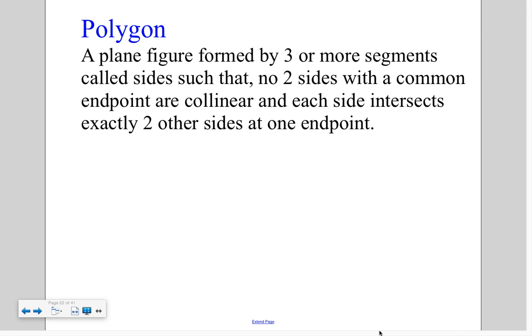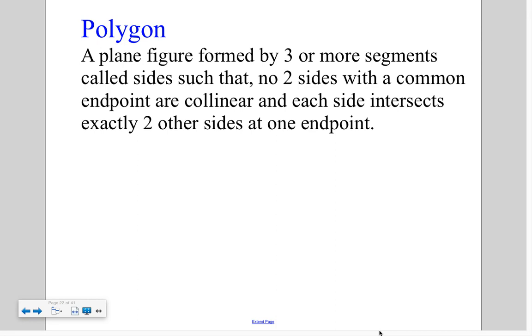But a polygon is a plane figure formed by 3 or more segments called sides, such that no 2 sides with a common endpoint are collinear, and each side intersects exactly 2 other sides at one endpoint. You'll understand that definition more after we look at a few examples.